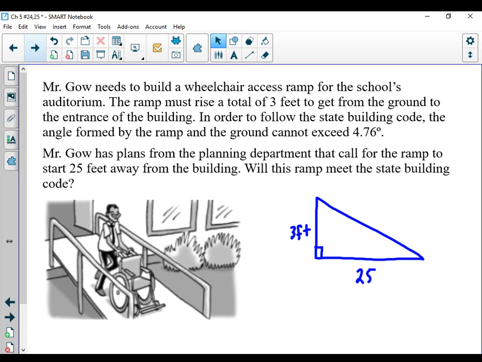Yeah, it checks off, it meets code. That's great. Yes.